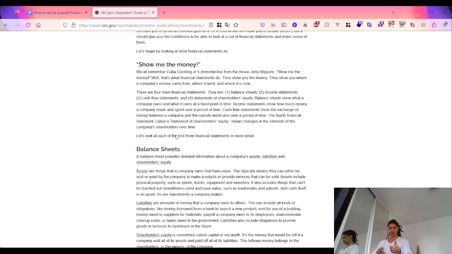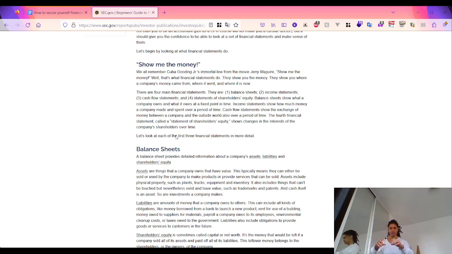We have the balance sheet, which shows what a company owns and what it owes at a fixed point in time. The income statement shows how much money a company made and spent over a period of time.